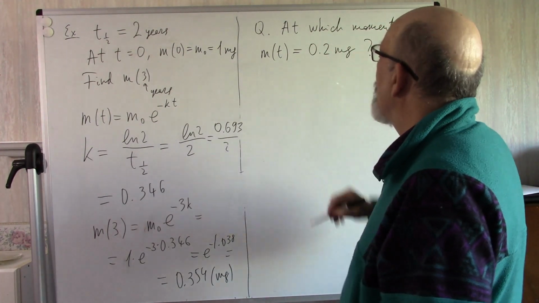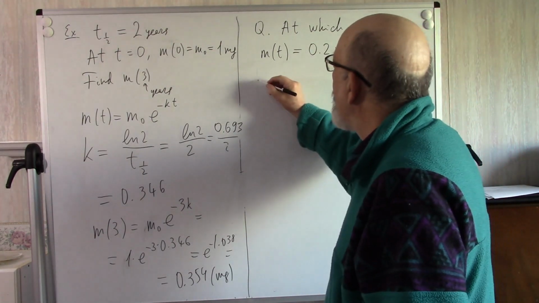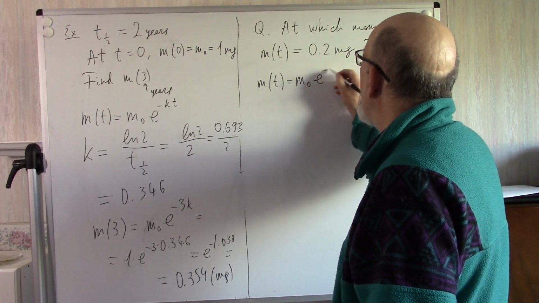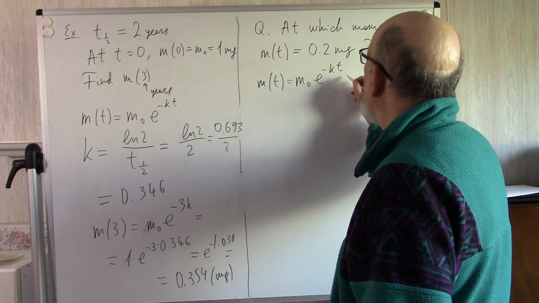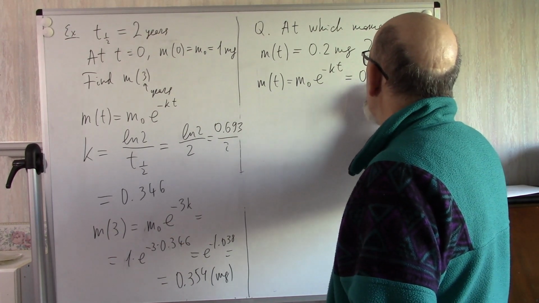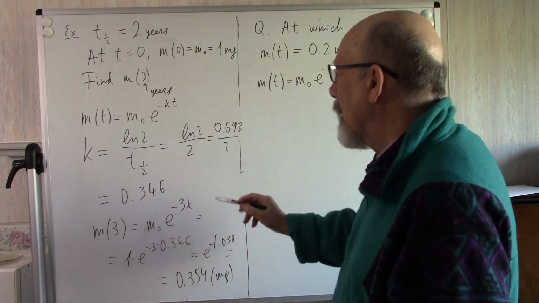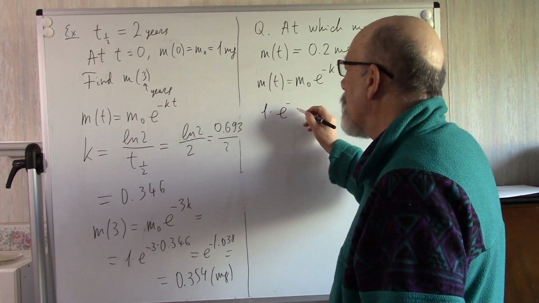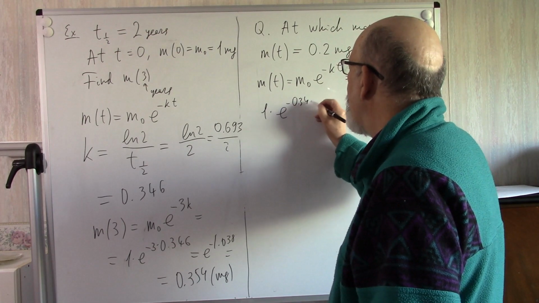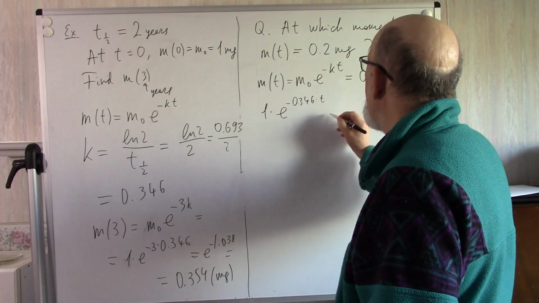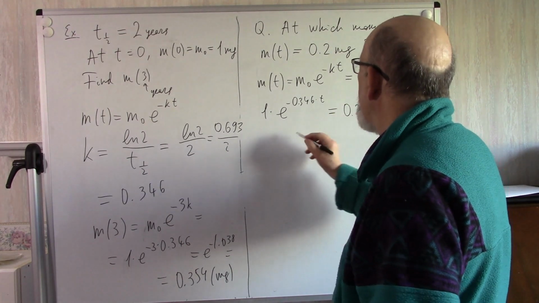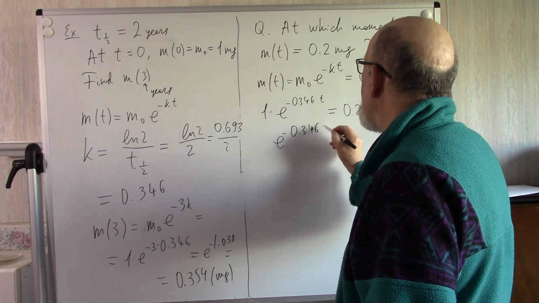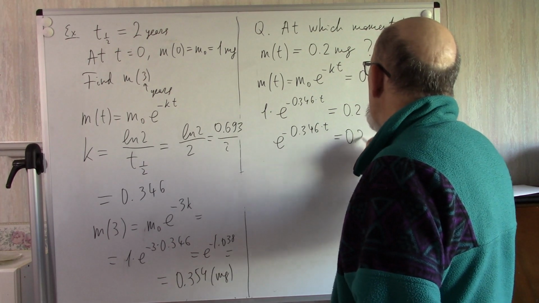So how to find it? We write m of t equals m0 e to the minus kt, and this is 0.2. k is known, k is 0.346, so m0 is 1 times e to the minus 0.346 times t equals 0.2.